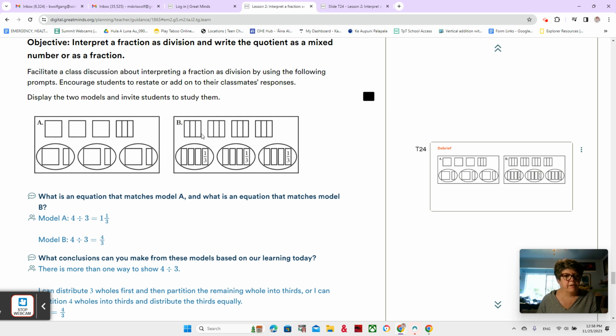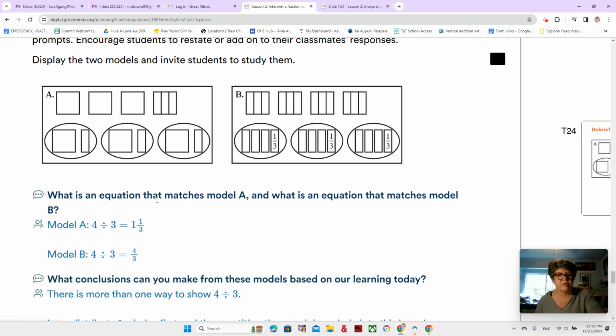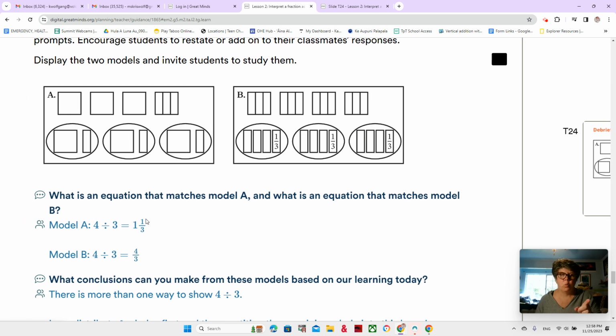Model B, 4 divided by 3 is 4/3. Okay, so they're both 4 divided by 3, but we have more than one way to show it, right? And 1 1/3 is equal to 4/3. We're just looking at whether we want to split them all or we want to distribute the whole first. You see that? And then cut them into thirds, or if we're going to cut everything into thirds and distribute 1/3 at a time. Okay?